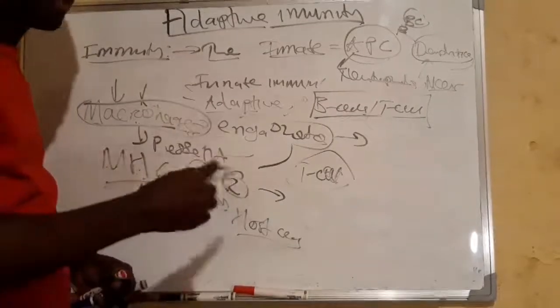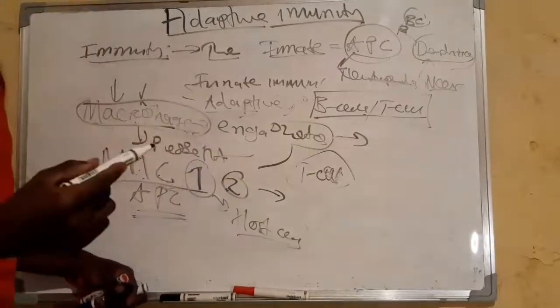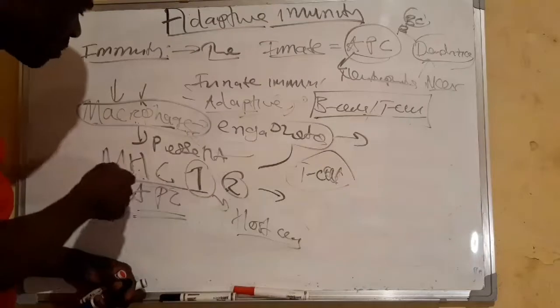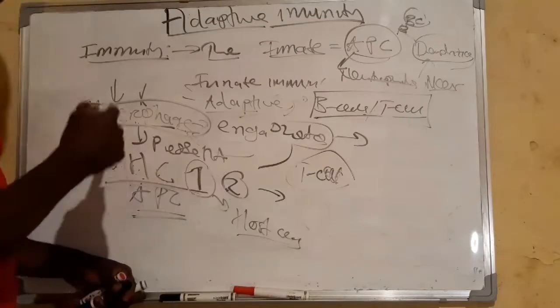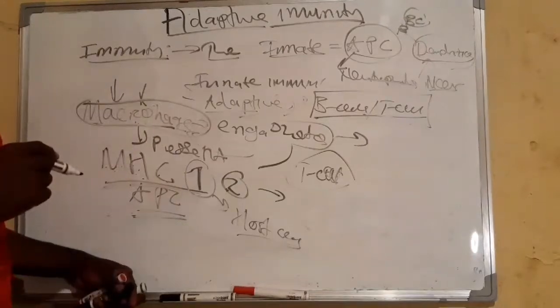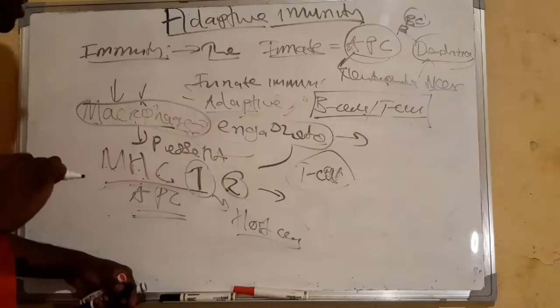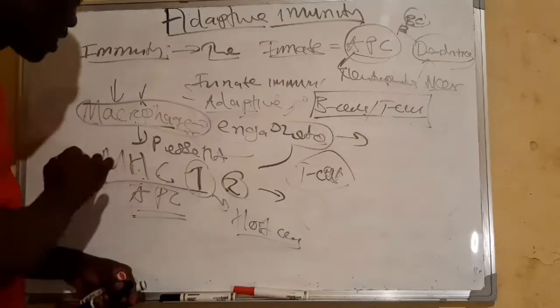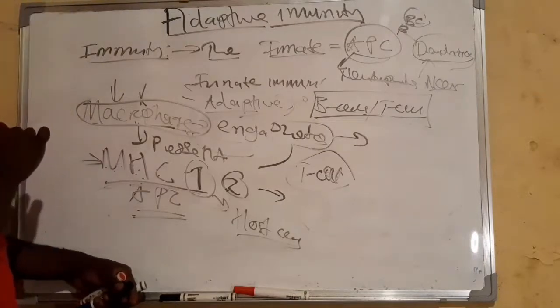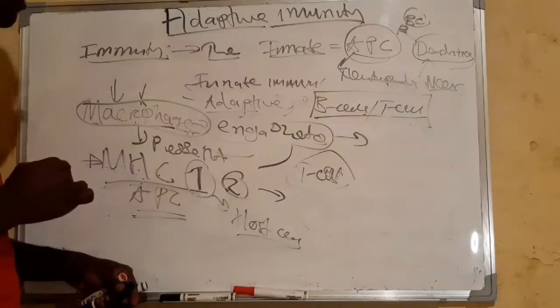But the type of T lymphocyte that recognizes MHC1 is the T cytotoxic cells. So T cytotoxic cells recognize the antigen expressed by MHC1.